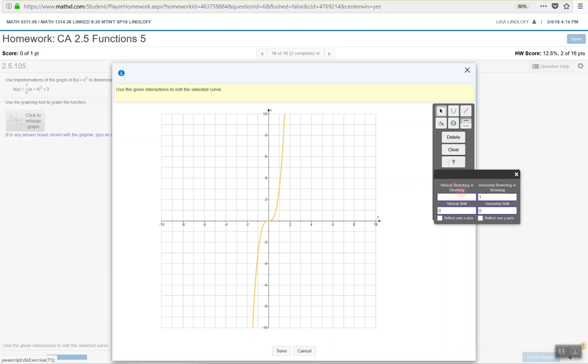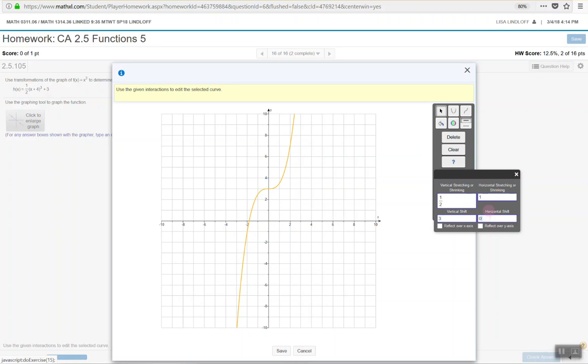This is a vertical stretch or shrink. So in here, I'm sorry, I will put 1 divided by 2. I could have put 0.5. Okay, what it did was it squished it down a little bit. That was a shrink because that was a fraction. I don't have any horizontal stretching or shrinking. Vertical shift. The shift vertically is up 3.